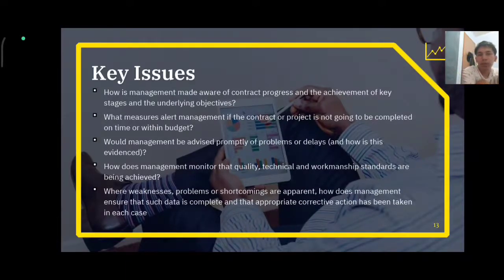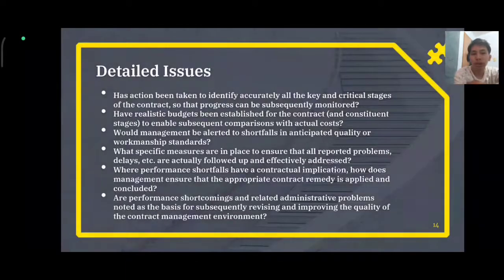Next is yung detailed issues. Detailed issues, has action been taken, identify... critical stages of contract so that progress can be subsequently monitored.